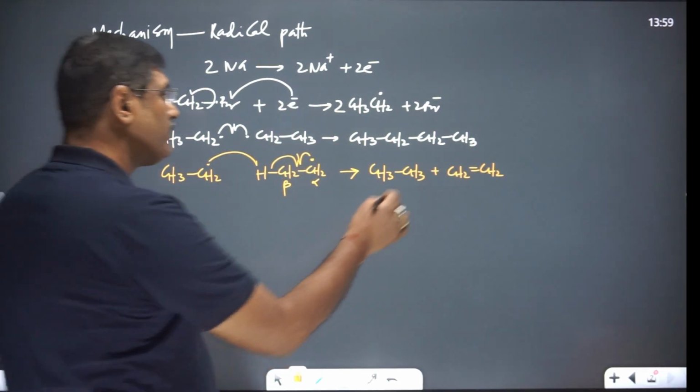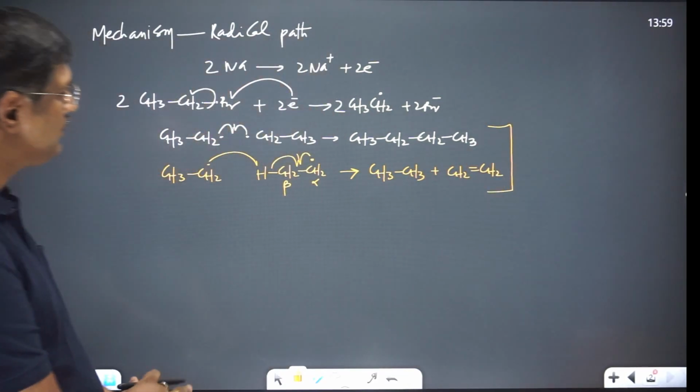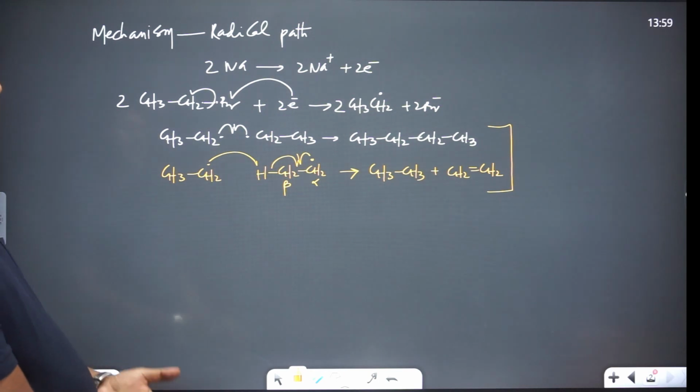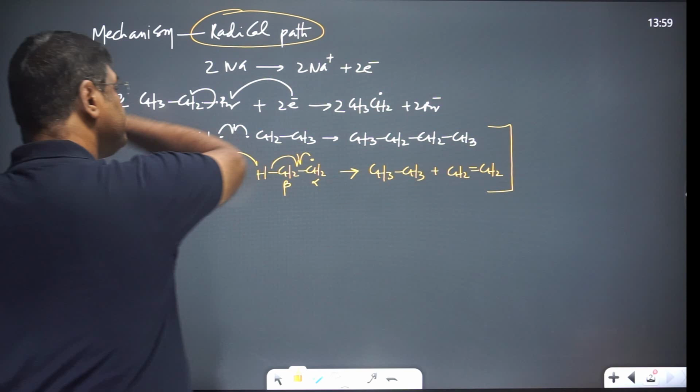So we observe these products. I hope it is clear now. This is the radical path, right?